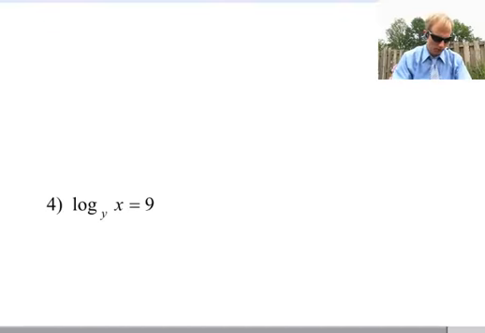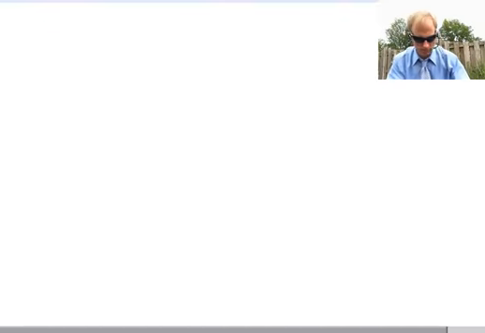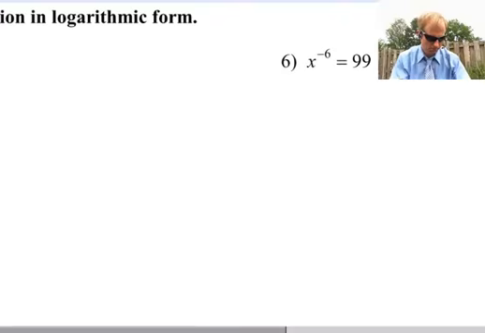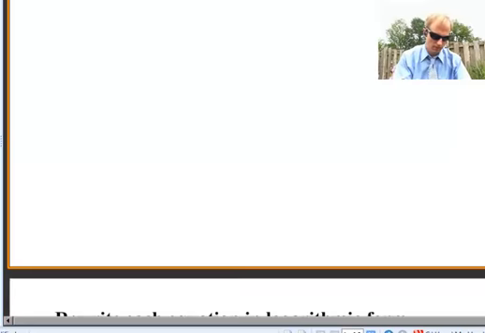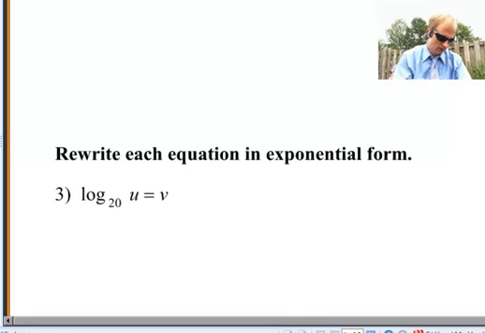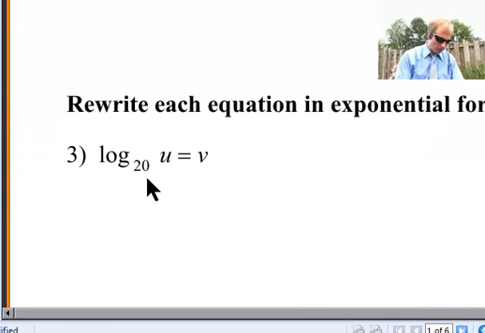Alright, moving on. Now I'm asked to rewrite a log equation in exponential form.